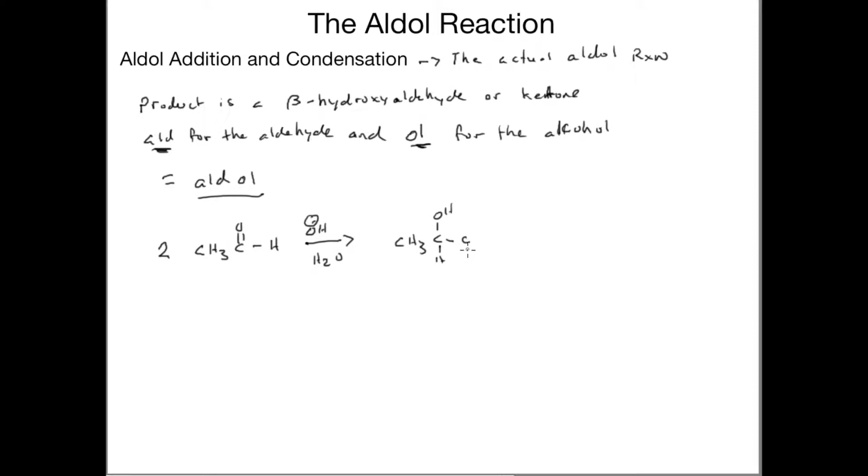So here you can see the two portions that we are generating. And so that's the overall reaction that we see. So what's happening here at this point? How does this work?